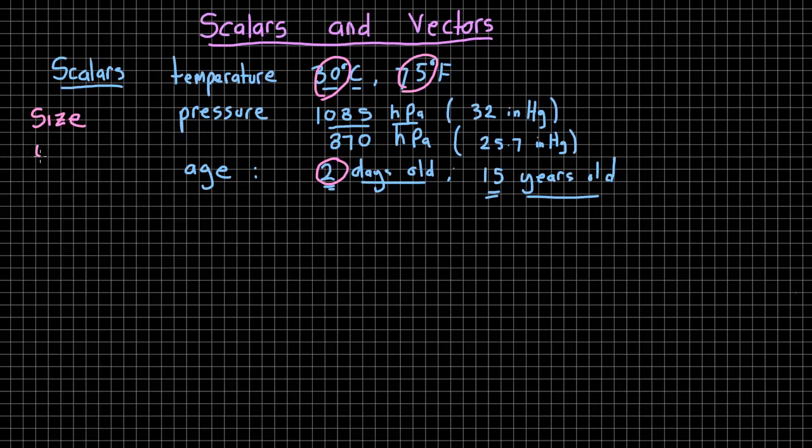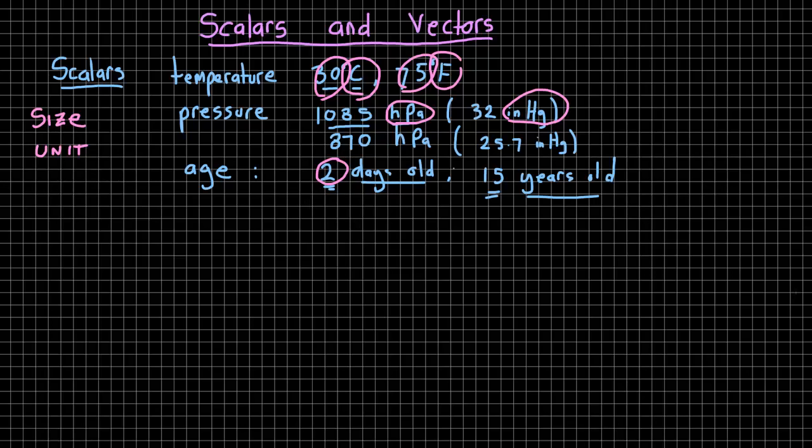And they have another thing, they have a unit which tells us the type of measurement we're making. And so we had degrees Celsius, degrees Fahrenheit, hectopascals, this strange unit, or inches of mercury, or the more common days old or years old as our units.